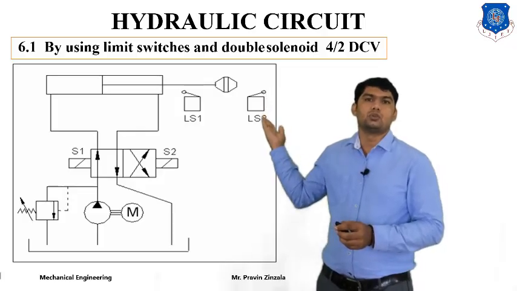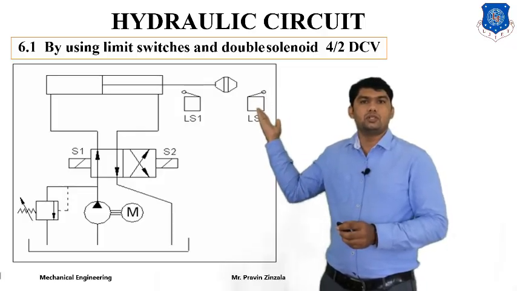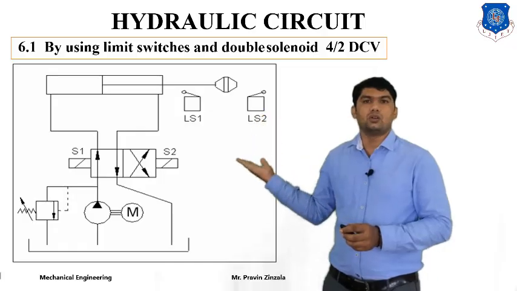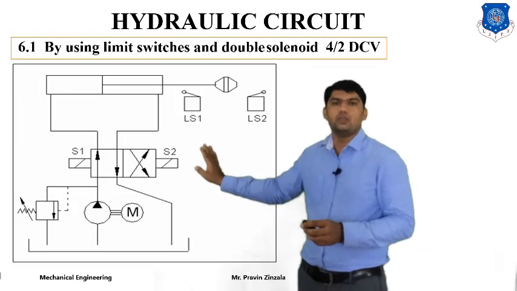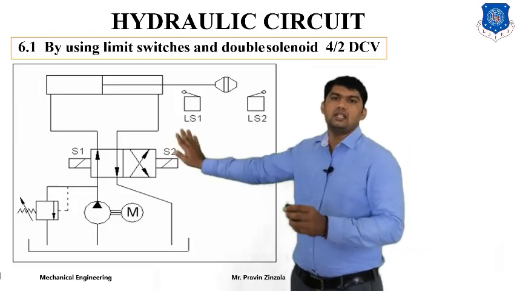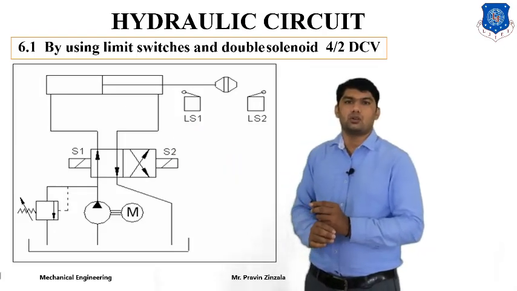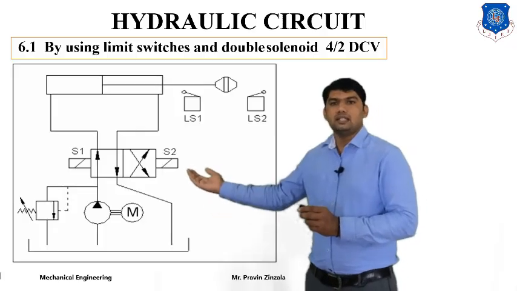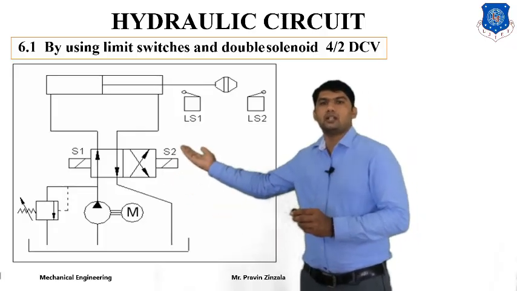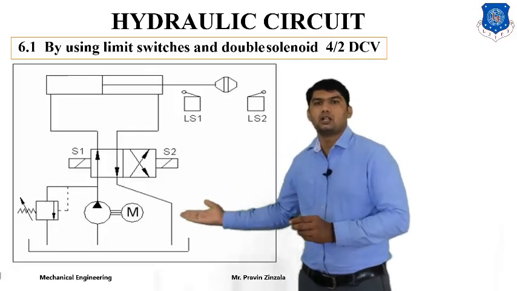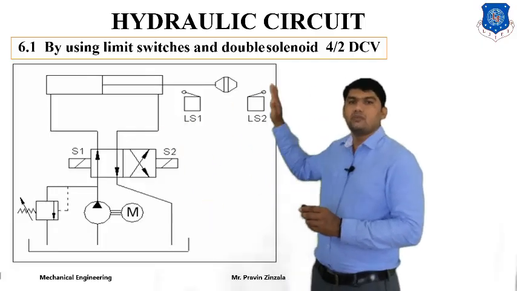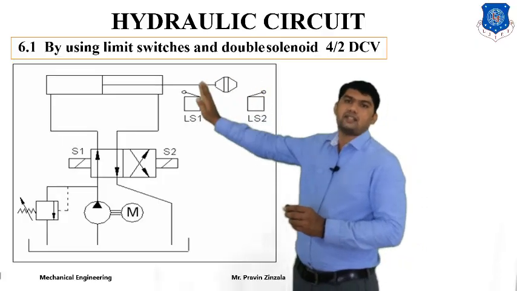Limiting switch 2 passes the signal or electricity to solenoid 2, and solenoid 2 applies force and changes the position of the direction control valve. With the change of position, the pump is connected to the right hand side and the left hand side port is connected to the reservoir. So the cylinder starts to retract.